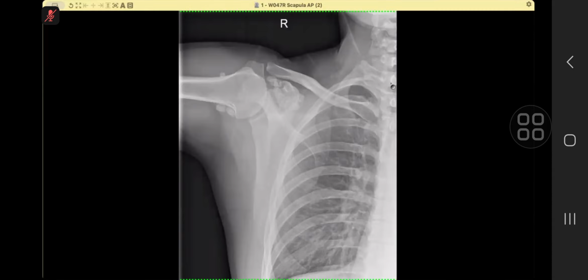There are millet seed bodies. I cannot clearly delineate or explain them, but I have read that these could be put in the differential. Are millet seed bodies seen in hyperparathyroidism? Sorry? Are they seen in hyperparathyroidism? CPPD, they are seen in CPPD.